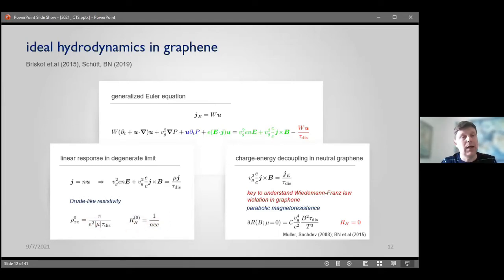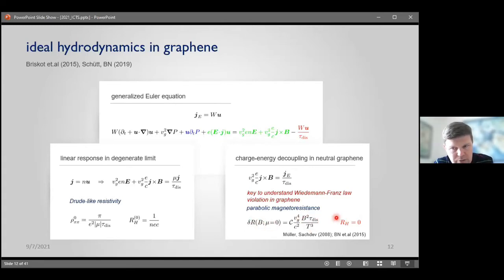However, if you are at the Dirac point or close to the Dirac point, then it is important that charge and energy decouple. And then there are two bands that are responsible for this. And that's where the Hall coefficient vanishes due to the particle-hole symmetry at the Dirac point, and then magnetoresistance is parabolic.